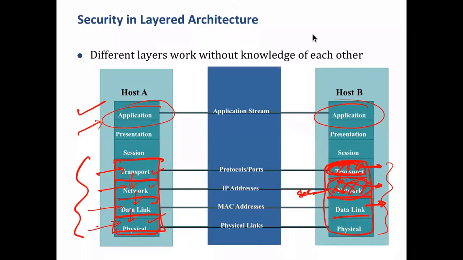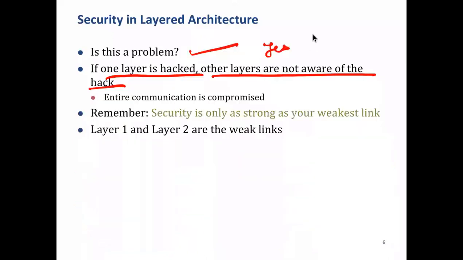Would the transport layer come to know about it? Can anybody answer this? If there's a problem in the data link layer, would the network layer come to know about it and take corrective action? No, it cannot, because the functionality is isolated. So if any lower layer is compromised, then the higher layers are compromised too. The impact will be there in all layers above it.